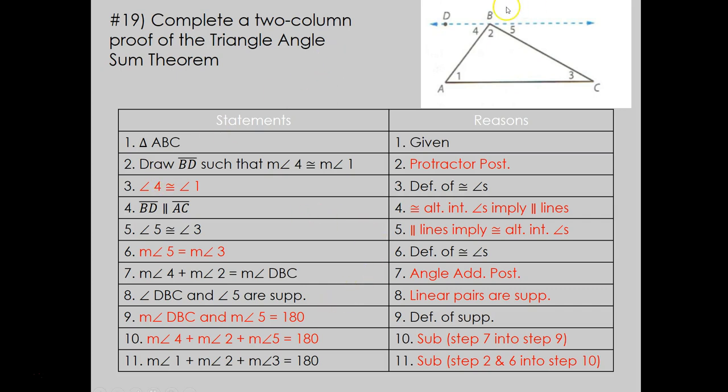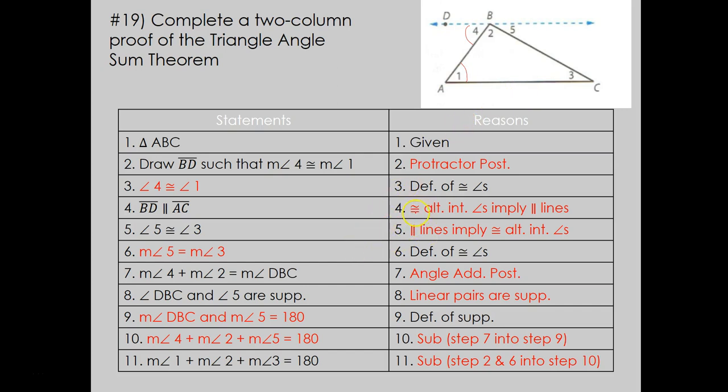Once again, they drew this line, DB, and they drew it so that angle 4 and angle 1 are congruent. So if angle 4 and angle 1 are congruent because they're alternate interior angles, this proves that DB and AC are parallel. And that's listed right here.